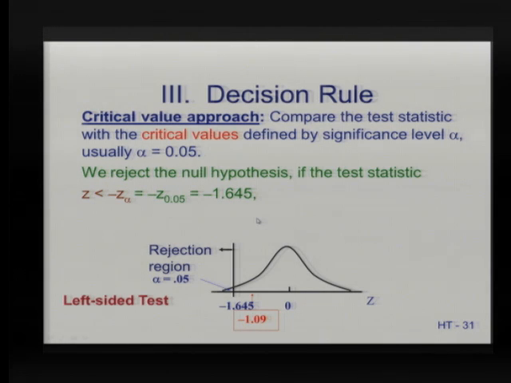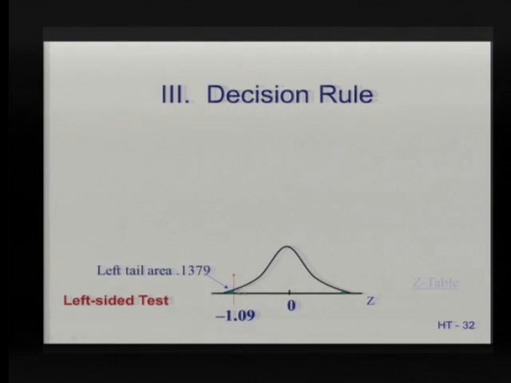If you take the p-value approach, you just need this tail area. Remember, the p-value is the probability of observing evidence that's as extreme or more extreme than this, extreme in the sense that you reject the null and accept the alternative. So it's this left tail area.